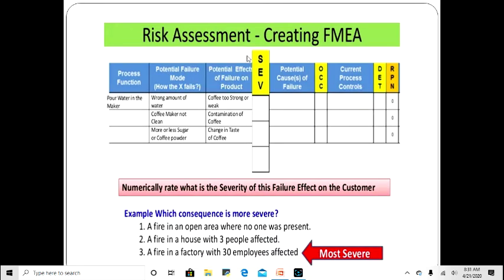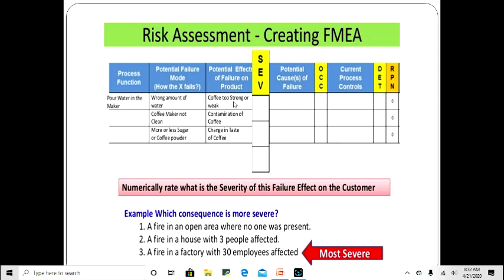And now you're looking at the severity of these effects. Okay? Coffee too strong or weak, whether this action is severe or not. So severity, occurrence, and detection should be graded in a scale of 1 to 10. Okay?